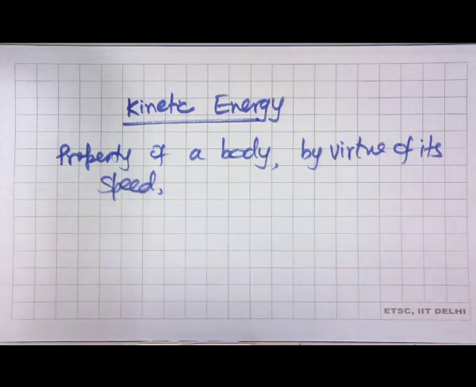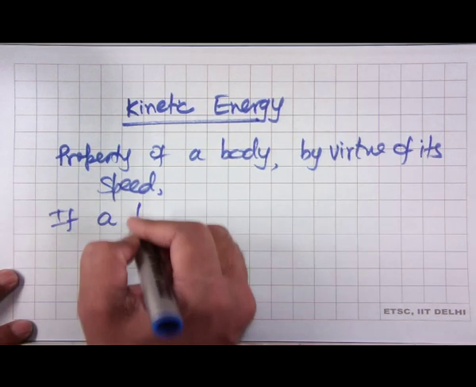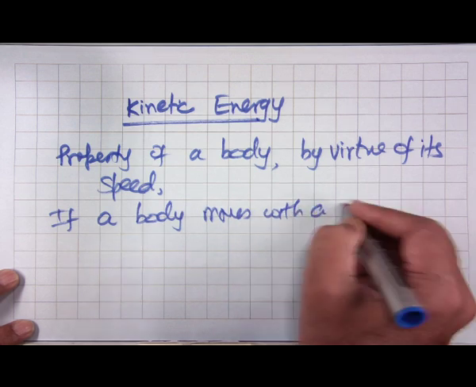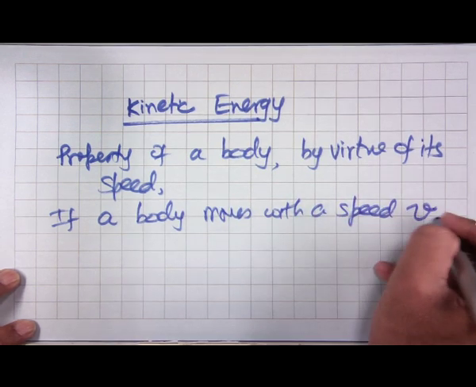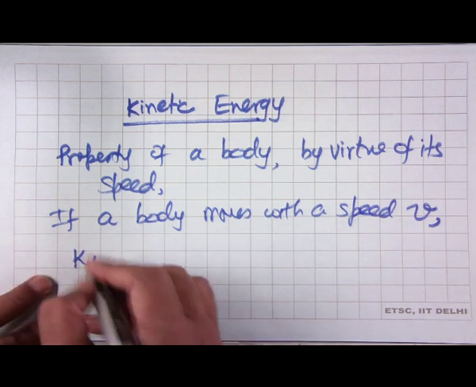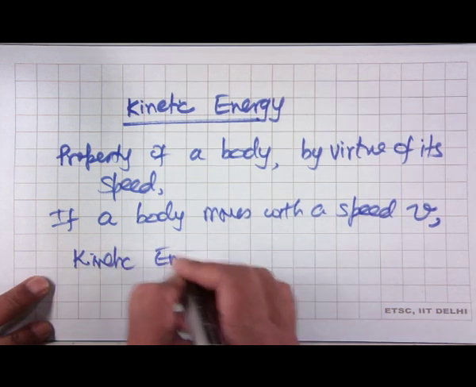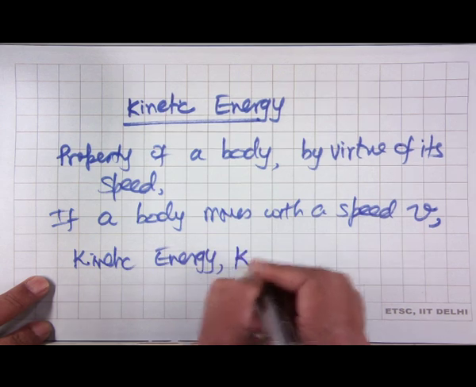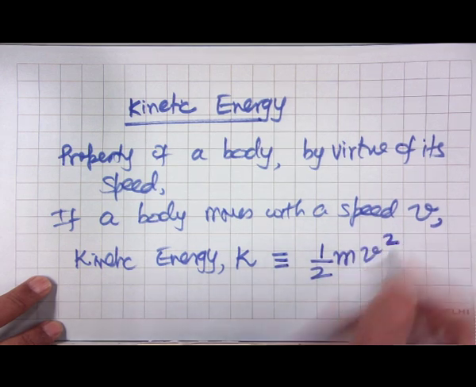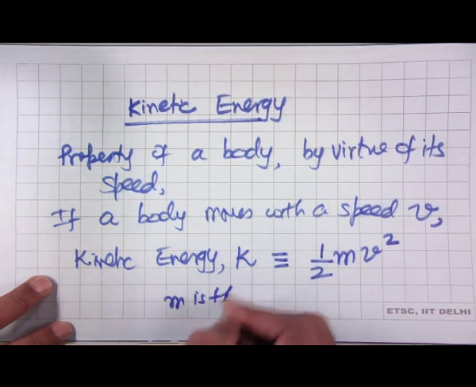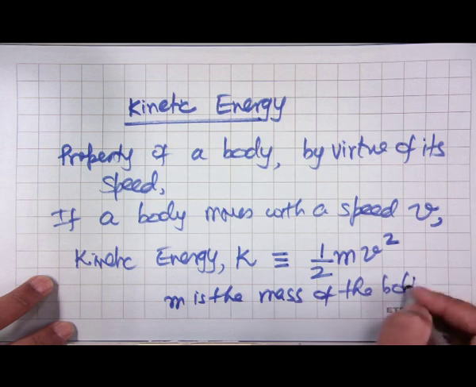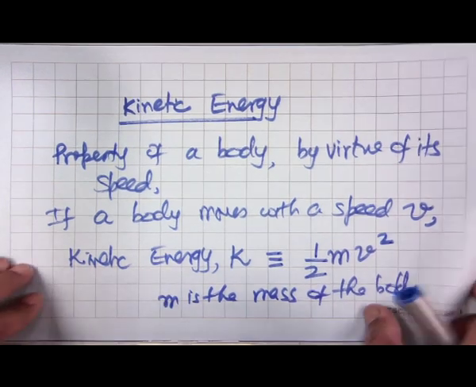So, if a body moves with a speed v, then kinetic energy, for which we use the symbol K, is defined as half m times v square, where m is the mass of the body and v is the speed of the body.